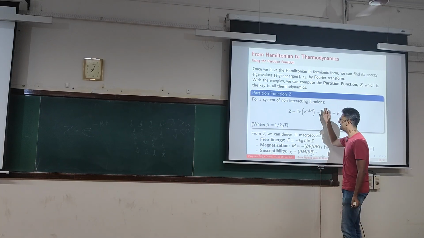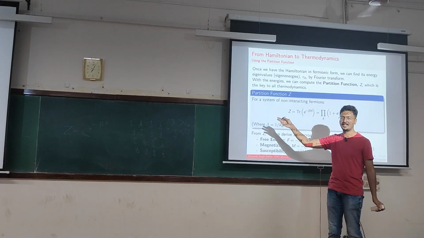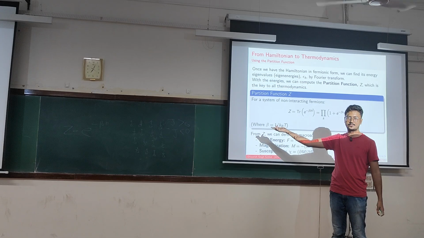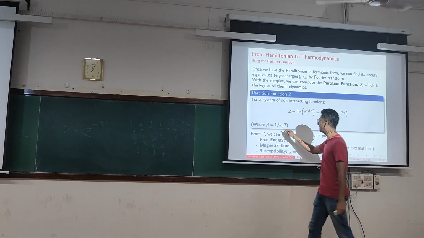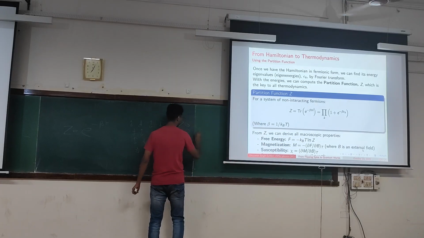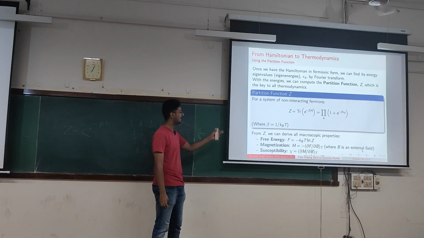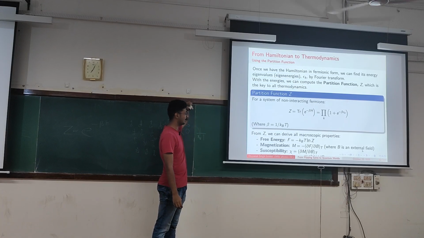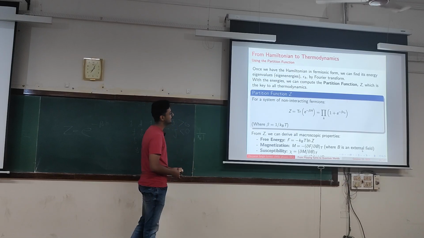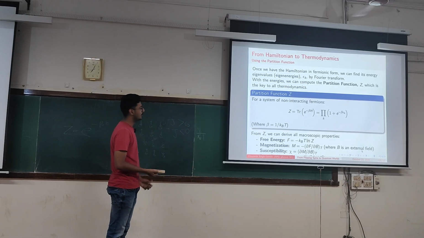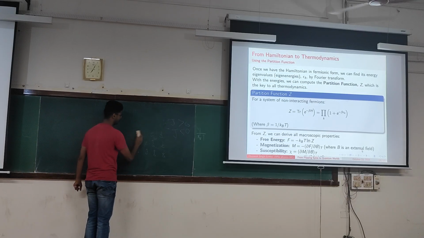What it tells us is exponential minus beta of the Hamiltonian, and the Hamiltonian is what governs the equations or behavior of the particles. Beta is nothing but 1 upon kBT, where kB is the Boltzmann constant. Deriving Z is not the scope of this talk, and it would be very lengthy, so I'll make it very short here.